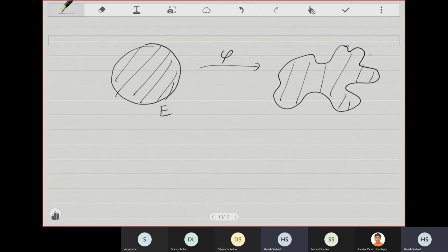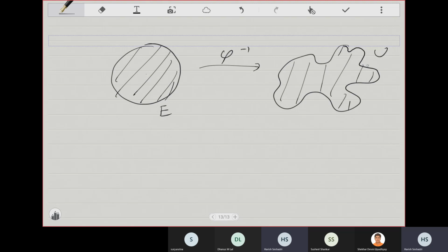Actually, my map is going in the opposite way from the definition, so this should be phi inverse in that notation. So this U need not be convex at all. But the main point, as you said, is that this E does not have any holes or missing points.